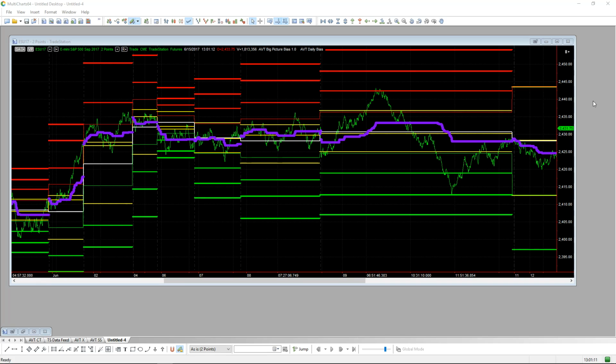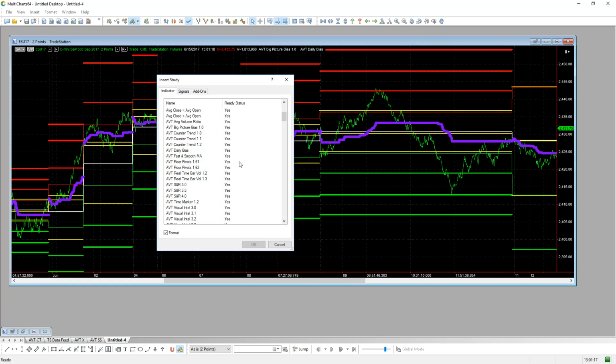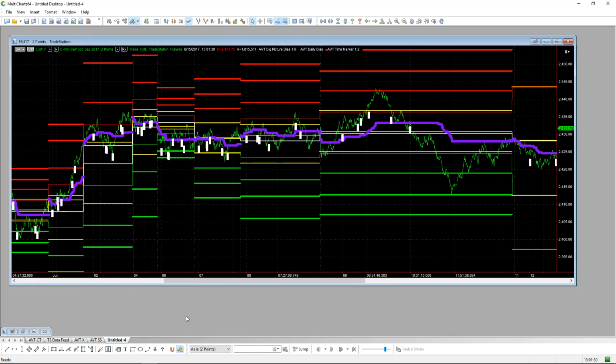Now there's one other thing that we can add to this, and that's just to let us know where the market is in the day. On mine, I'd go ahead and add the time marker as well, and make sure you change the times to associate with your local time.